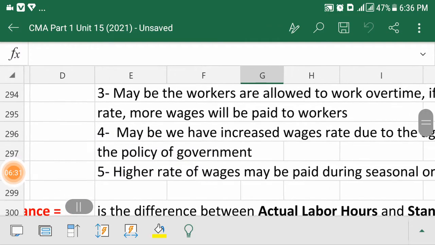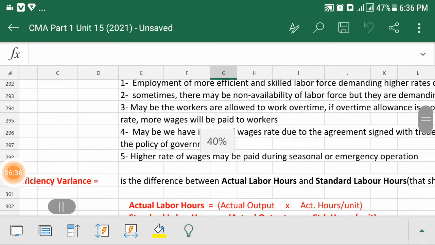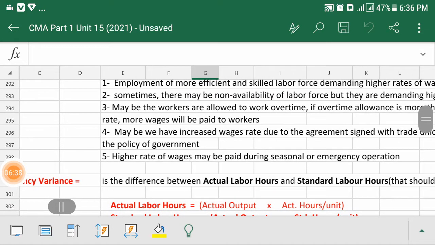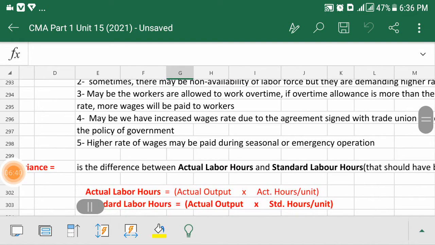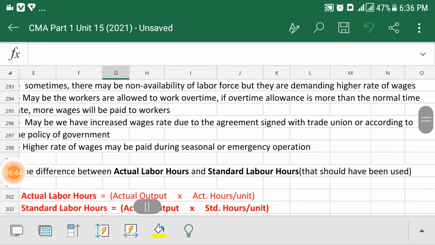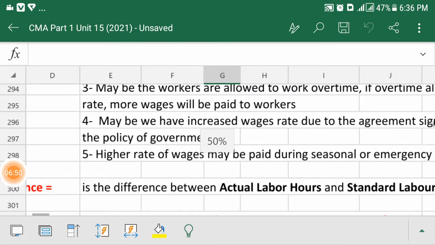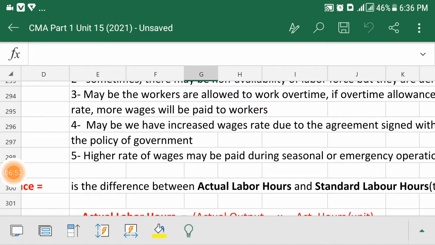The fourth reason could be an increased wage rate due to an agreement signed with a trade union according to the policy of the government. It means the government schedule has recently increased the labor rates.